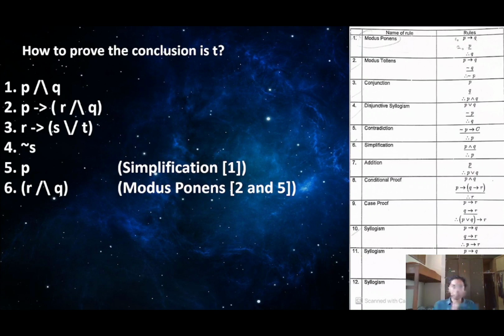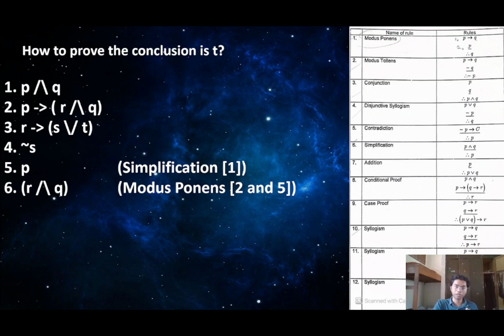In this condition we have 2, if P then R and Q, and then we have 5 which is just P. If we look at the rules, they look just the same, but the difference is that Q is changed by R and Q. So in a way it's the same, but the difference is the variable that we have.